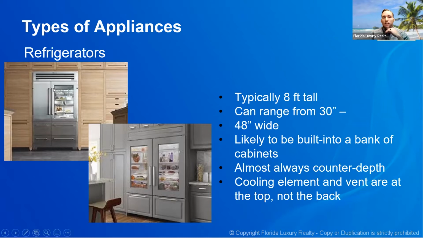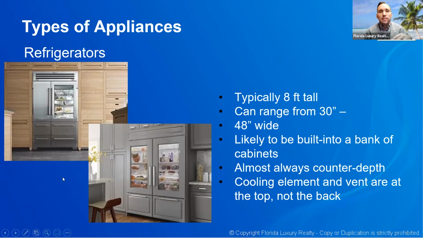So it is a little bit different because they tend to be more shallow. They don't use that space in the back of the refrigerator for the cooling. They put it on top instead. So that 14 or 16 or 18 inches that make this taller, that gets you from 6.5 to 8 feet, that's your cooling element at the top.